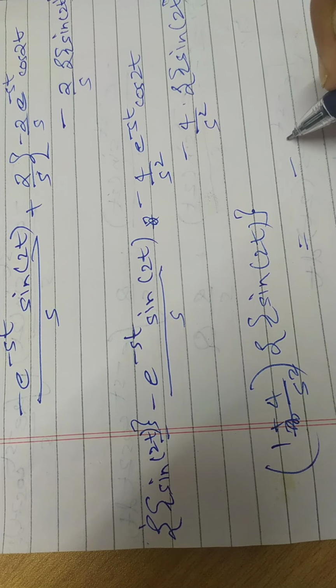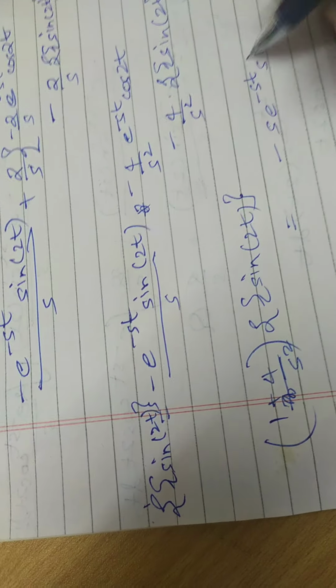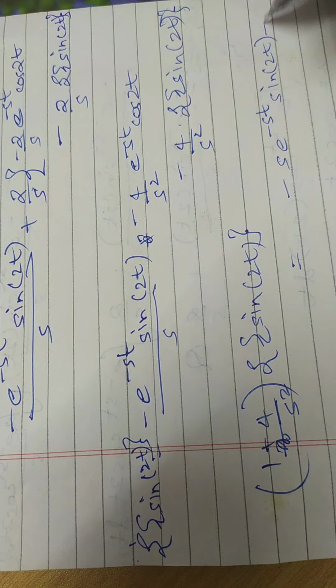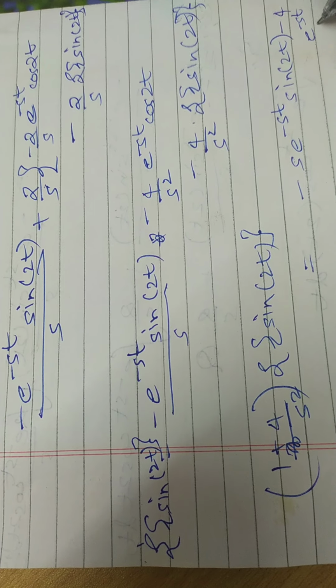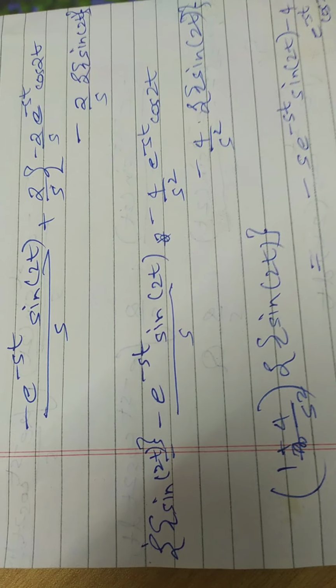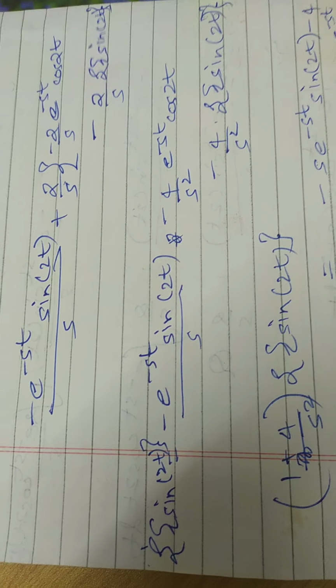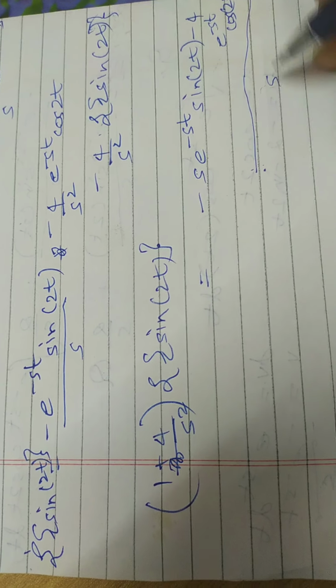minus s e power minus st sine of 2t minus 4 e power minus st cos 2t divided by s squared.